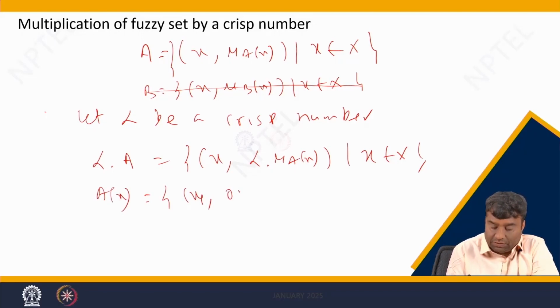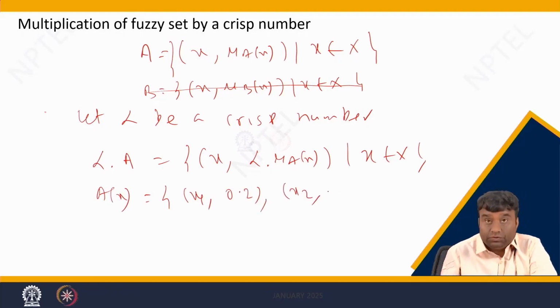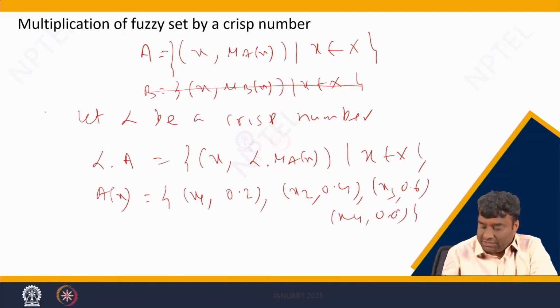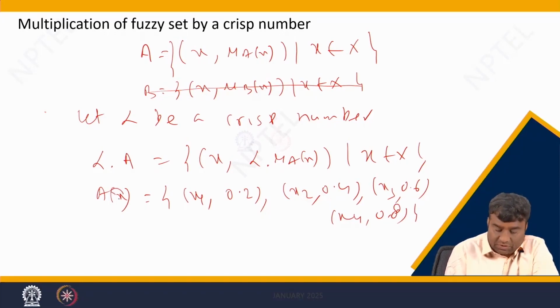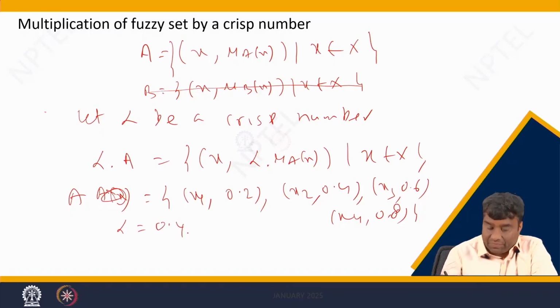Here we take the same example, where A is equal to x1 0.2, x2 0.4, x3 0.6, x4 0.8. So that is the fuzzy set A. Now let alpha equal to 0.4. This alpha is a crisp number that belongs to 0 to 1.